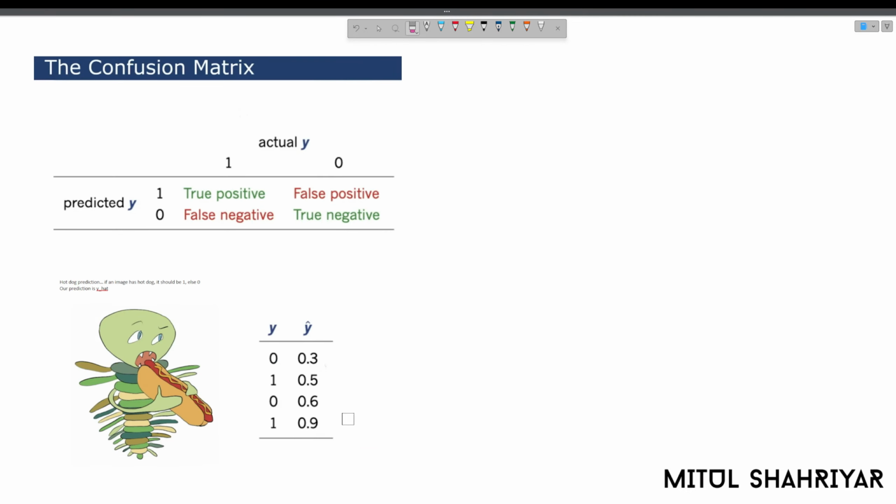And this is interesting for integral, so let's talk about it. Actually right now we have learned we had y equal to something, right? We had some sort of value and we have predicted y, which is y hat.